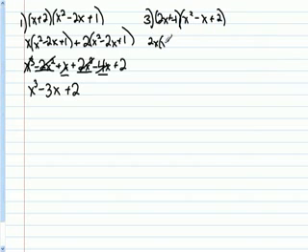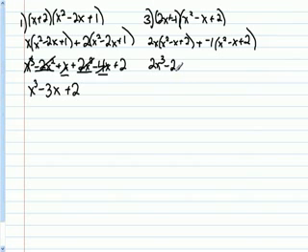So I'm going to do the 2x times that whole quantity in parentheses, and then the negative 1 times the same quantity in the parentheses. 2x times x squared becomes 2x to the third. 2x times negative x becomes negative 2x squared. 2x times 2 becomes 4x. Negative 1 times x squared becomes negative x squared. Negative 1 times negative x is positive x. Negative 1 times 2 is negative 2.